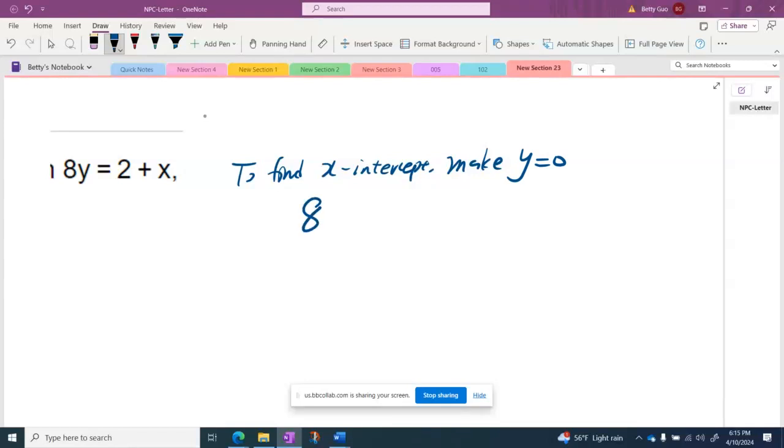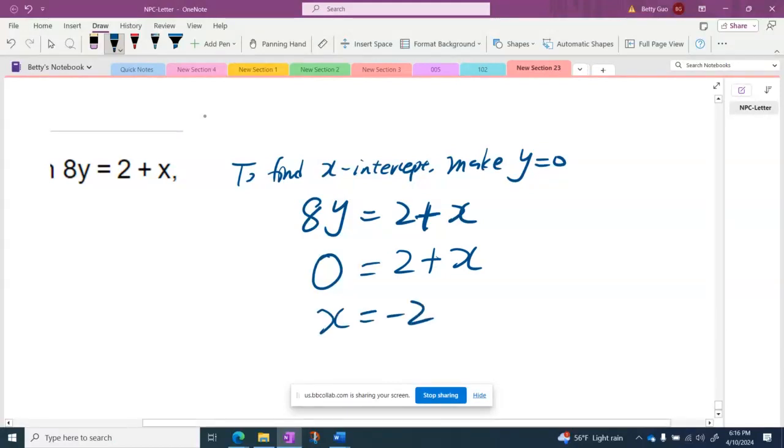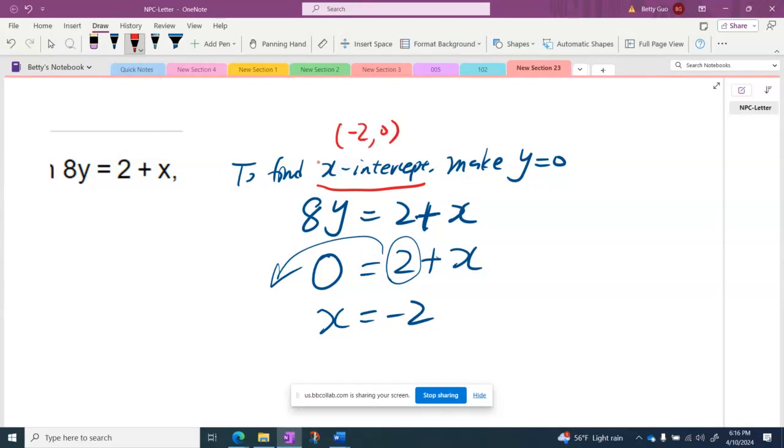So in the equation 8y equals 2 plus x, we make y be 0, so on the left side, 8 times 0 equals 0. So we have a 0 on the left side, and then we have 2 plus x on the right side. Which number plus 2 gives us 0? -2. So x has to be -2. You can get x equals -2 by moving the 2 over to the left side. So the x-intercept is -2, 0.